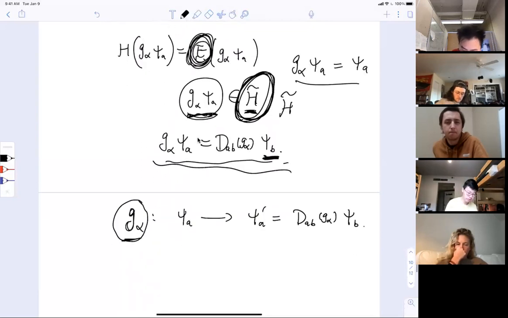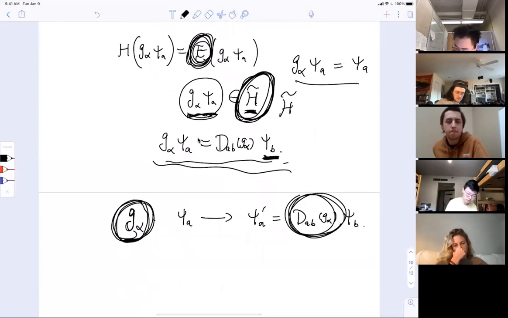And each group element is realized using this matrix DAB.